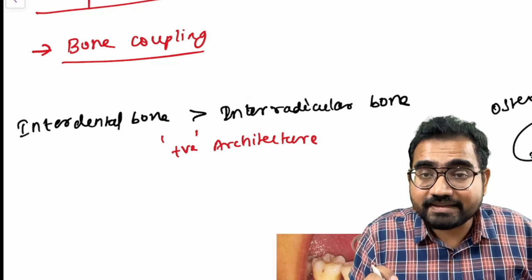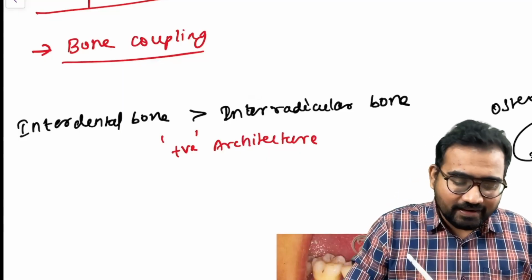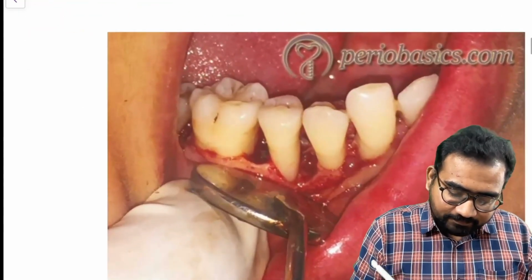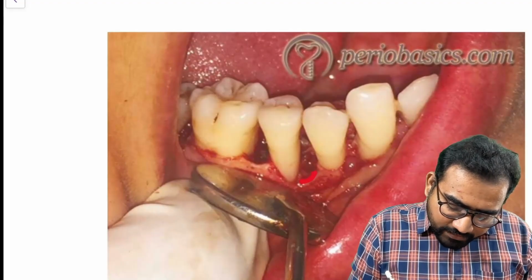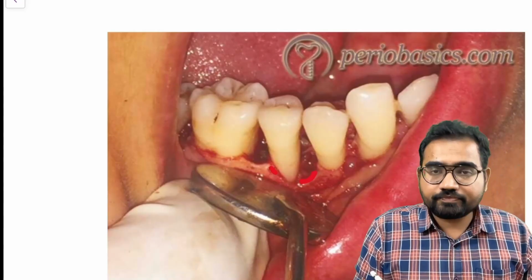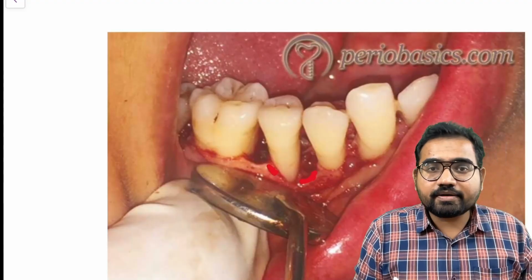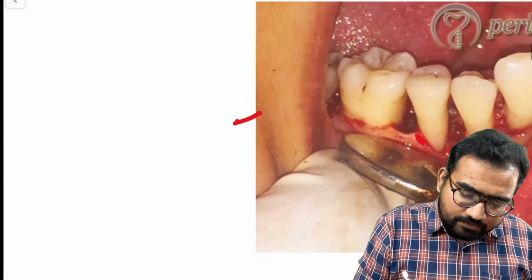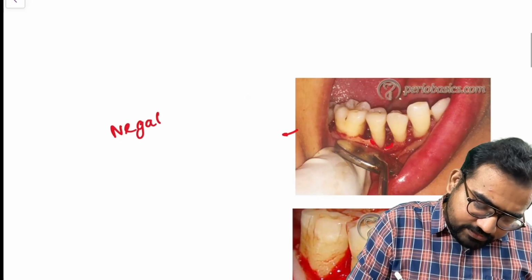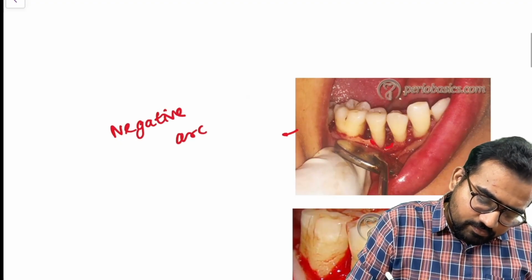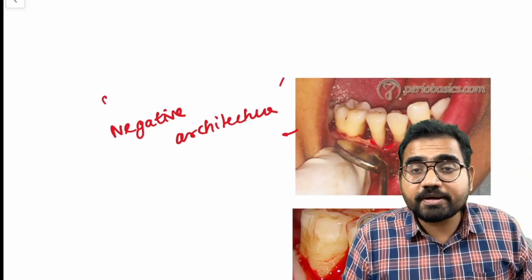If the interdental bone is less than the height of the interradicular bone, as you can see here, the interdental bone is somewhere here, the interradicular bone is here. So the interradicular bone is definitely higher than the interdental bone, so that becomes negative architecture. Negative architecture is predominantly seen in food impaction cases.